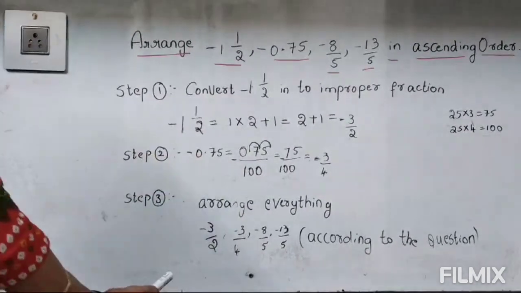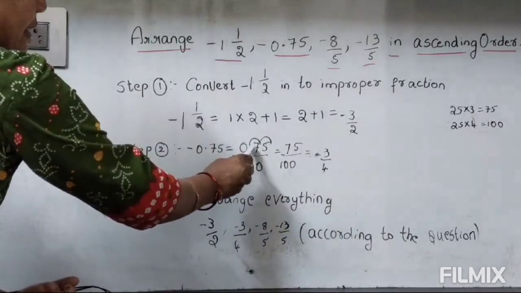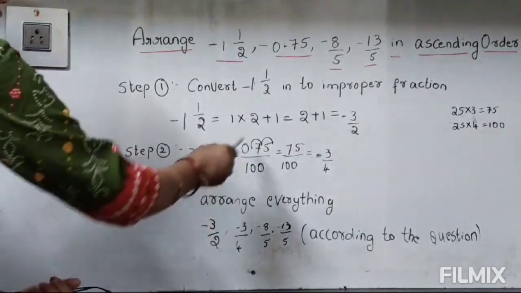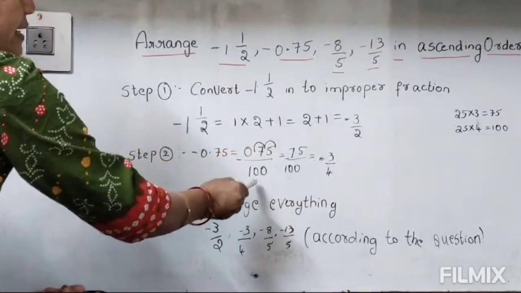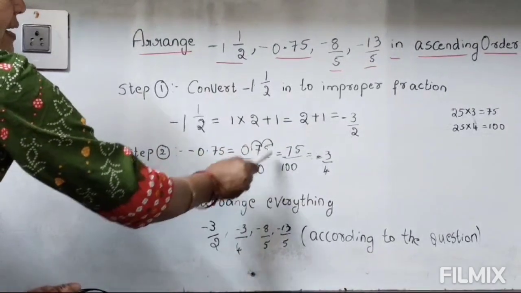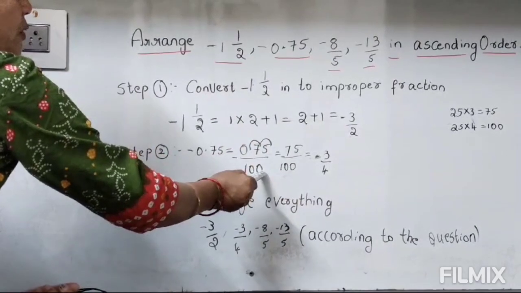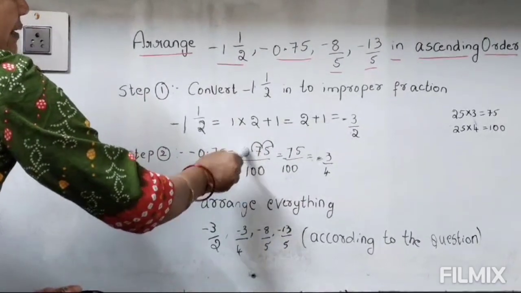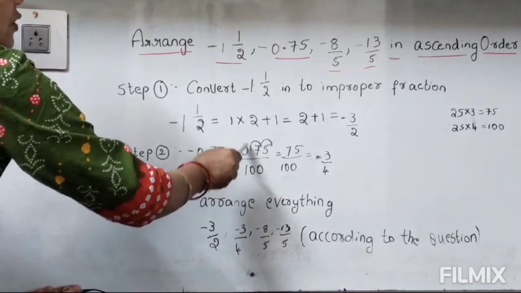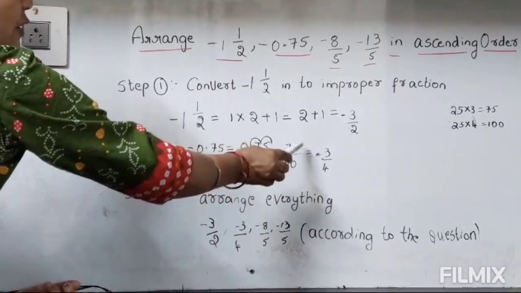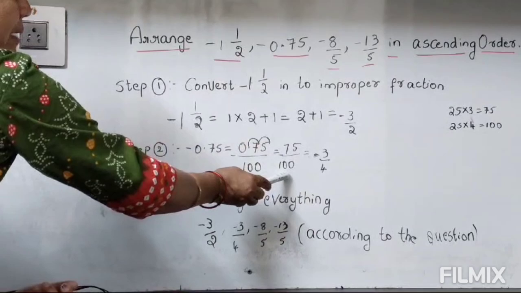Understood? So remove the decimal. Bring the decimal point here and put 1 0 here. Once again bring this decimal point here and put 1 0 here. So this is negligible, don't consider this. So you will get 75 by 100.